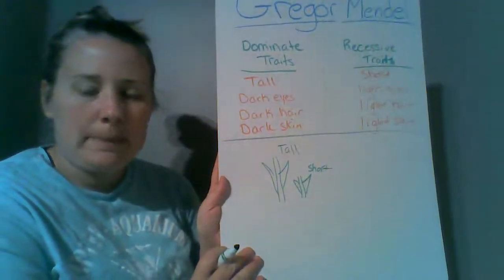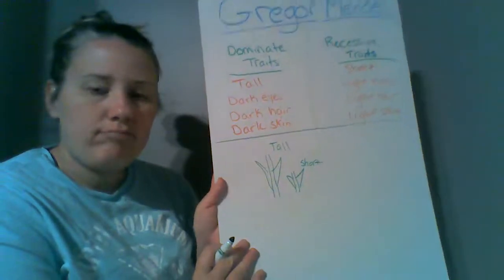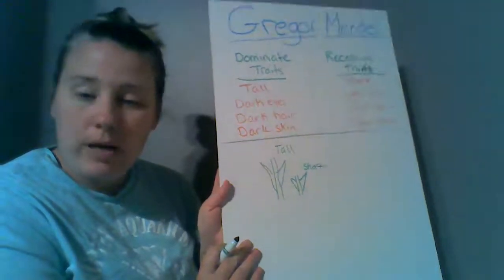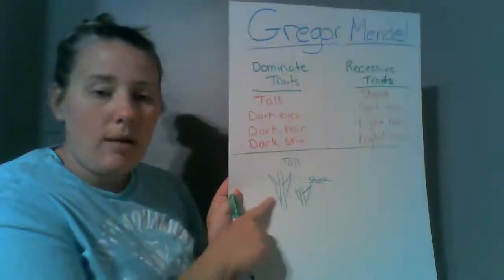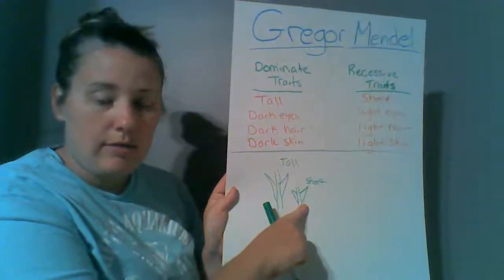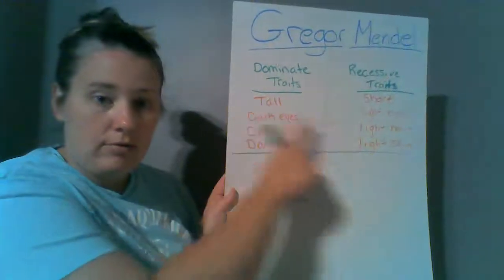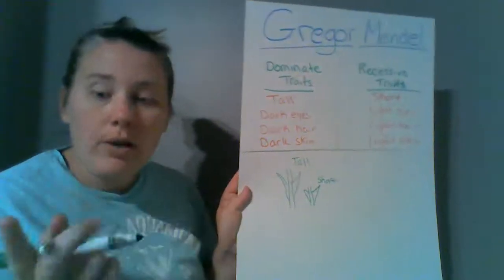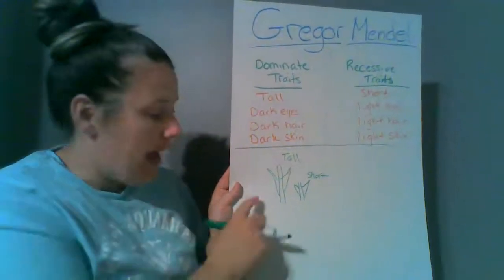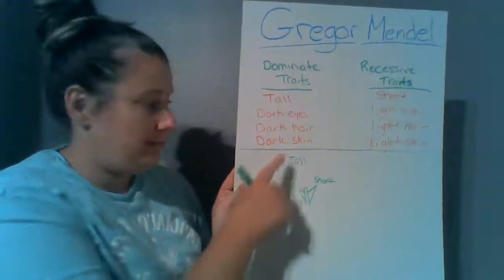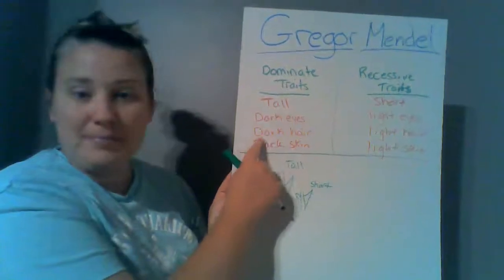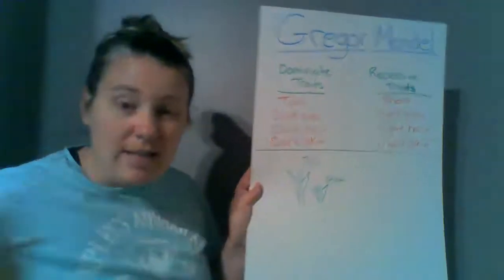And he thought, I wonder what kind of offspring of pea plants I might get if I mix something that's dominant with something that's recessive. Tall and short. Well, what do you think that first generation of pea plants will be? Dominant, right? Because that's what that means.